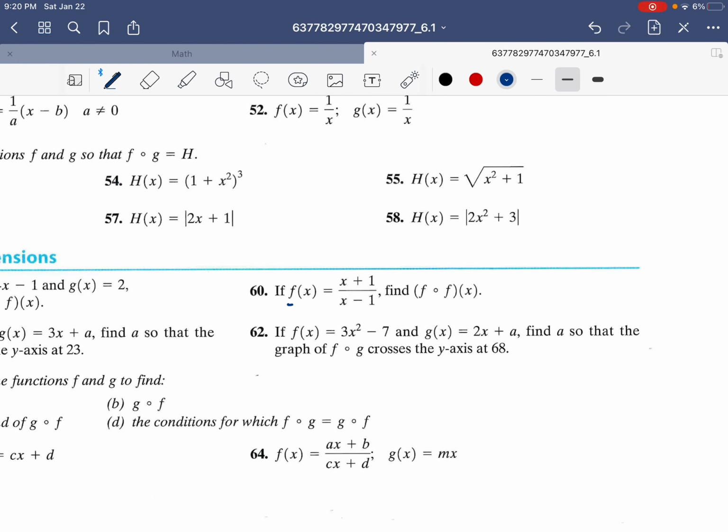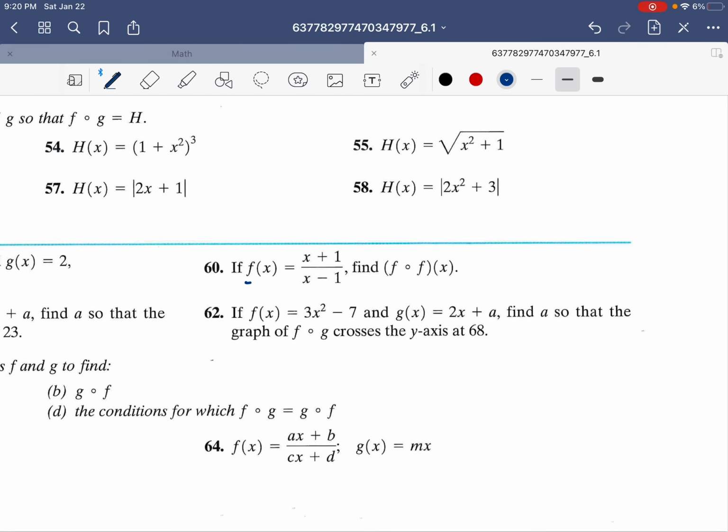Lastly, let's do 60. So for 60, if f of x equals x plus 1 over x minus 1, find f of f of x. So f of x, you're going to plug it in, x plus 1, x minus 1, right?